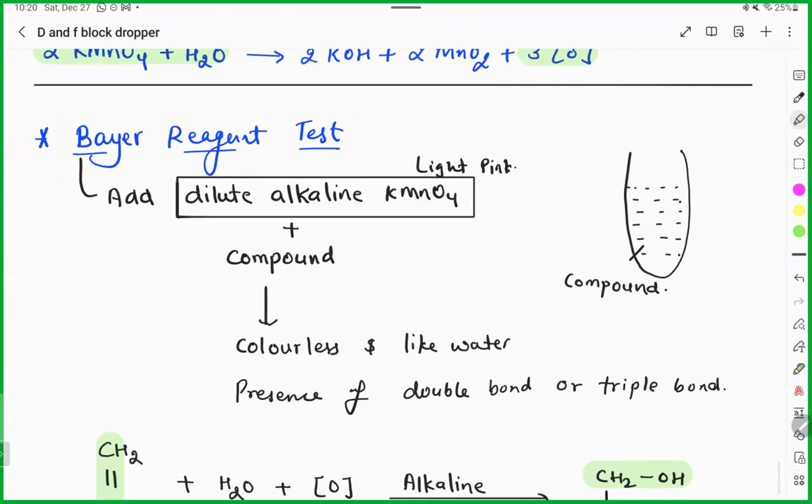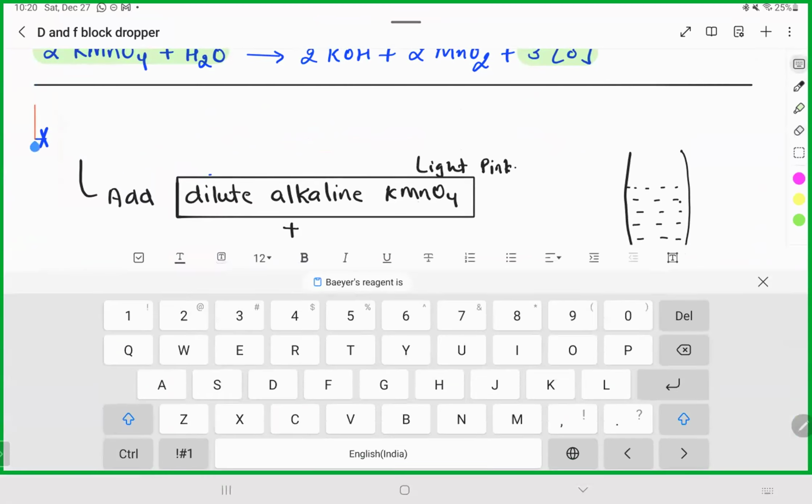In carboxylic acid also we used KMnO₄, where toluene is converted to benzoic acid.